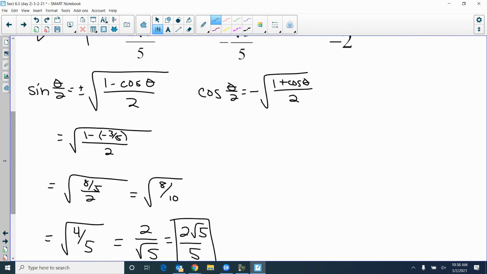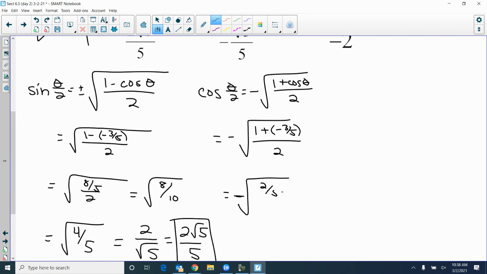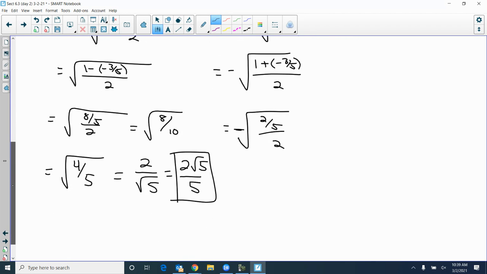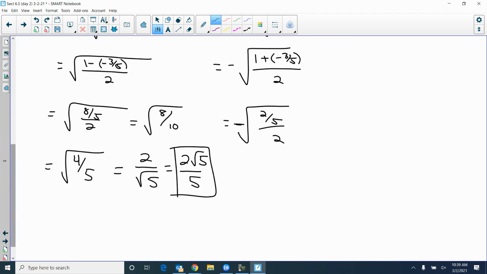So now this equals negative square root of 1 plus negative 3/5 over 2, which is negative square root, what is that, 2/5 divided by 2. Well, 2/5 divided by 2 is 1/5 or 2/10, either way, but it's going to reduce to 1/5.